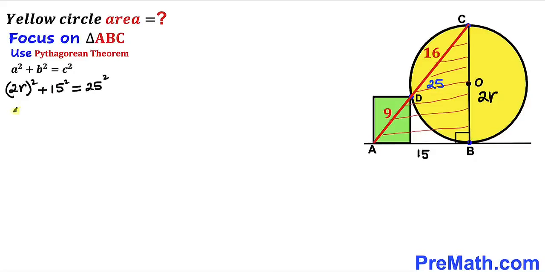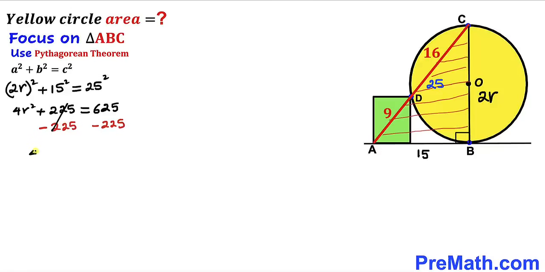Let's simplify: that gives us 4r squared plus 225 equals 625 on the right hand side. Now we subtract 225 from both sides.